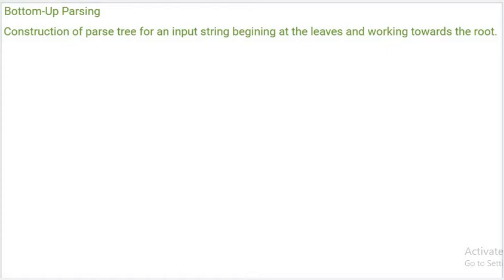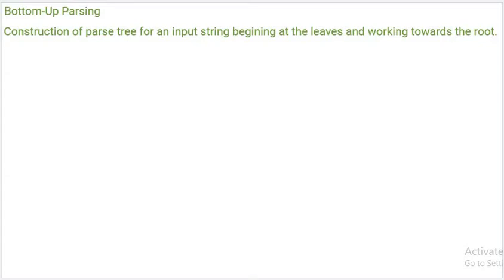If the substring matches with any production, then the substring will be replaced by the corresponding production's non-terminal, the corresponding production's left side symbol. Everyone knows that in a production rule, you have a non-terminal on the left side, and some pattern on the right side.